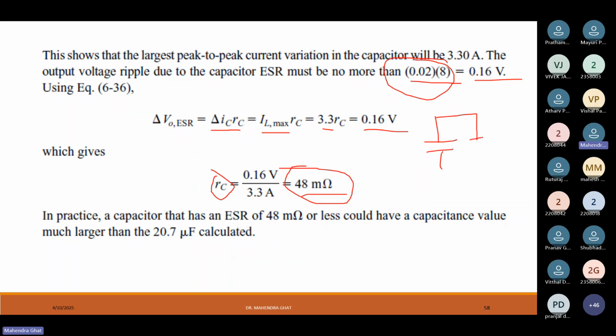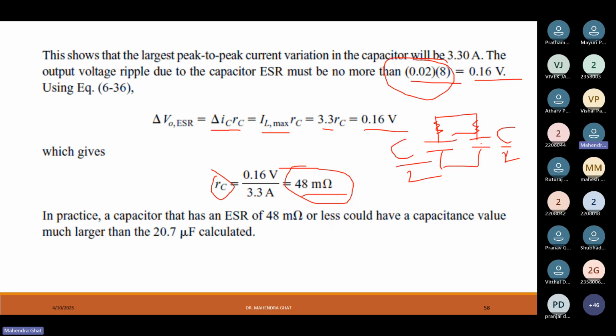So what is happening here? If you go by the basics, the capacitance gets added here. I have taken a C by 2 value, and again here C by 2. Capacitance gets added because capacitors in parallel add, and the ESRs, if they are equal, get halved.